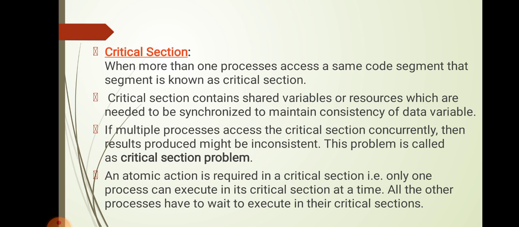The critical section may contain shared variables or resources which need to be synchronized to maintain the consistency of a data variable. So what is the critical section problem here? If multiple processes are accessing the critical section concurrently or simultaneously, then the result may be inconsistent.